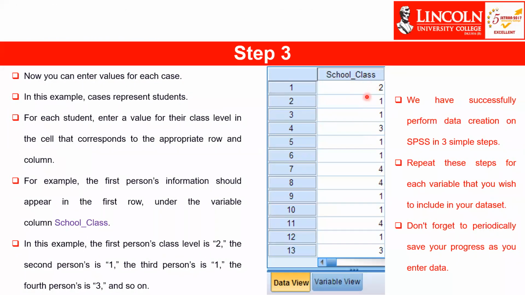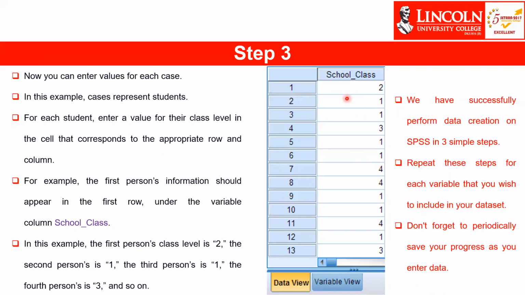In this case, I enter 2, 1, 1, 3, 1, 1, 4, 4, 1, 1, 4, 1, 3. Get? So in this example, cases represent students. For each student, enter a value for their class level in the cell that corresponds to the appropriate row and column.